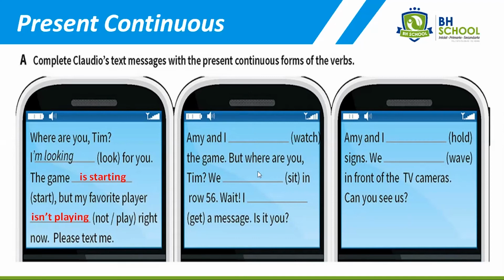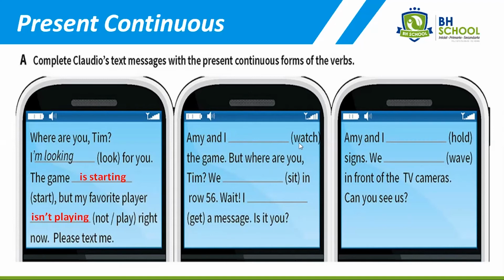Let's go to the other text message. Amy and I. Here, is it plural or singular? Amy and I. Exactly, it's plural, or we can say we. What is the verb be of we? Exactly, are.